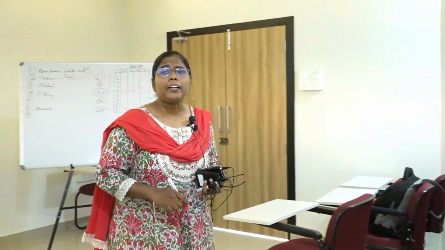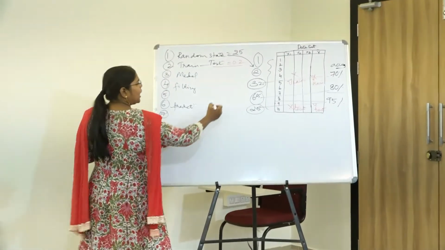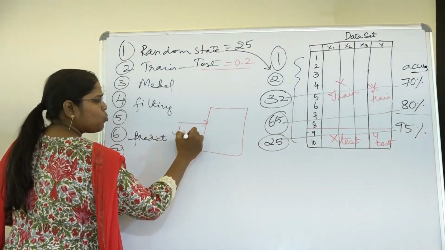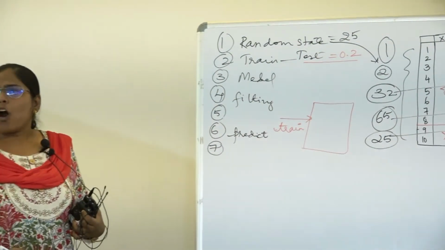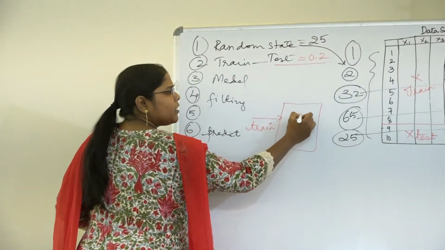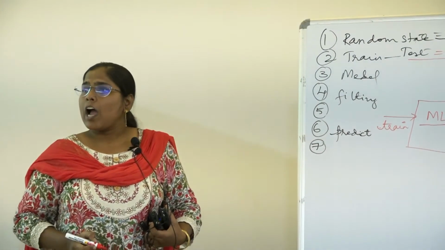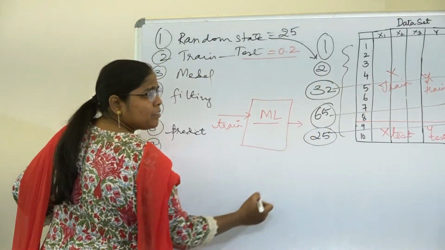So, what I have done, I have split the data as X train, Y train, Y test and X test such that I'll train my model with the training data. I'll train the model such that I'll give all the training. Once the model is done, what are you getting?